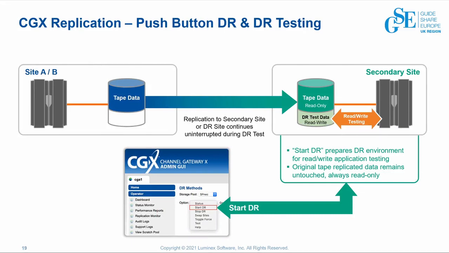For the use case we're looking at with multiple GDPS environments, of course, the capability of the push button DR is to allow disparate GDPS groups to be tested in parallel or in different times, etc. So the capabilities there within the push button DR.